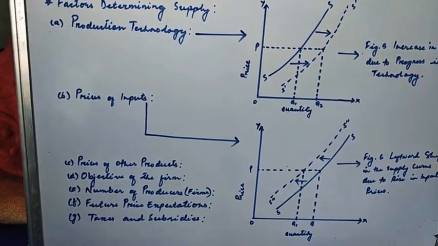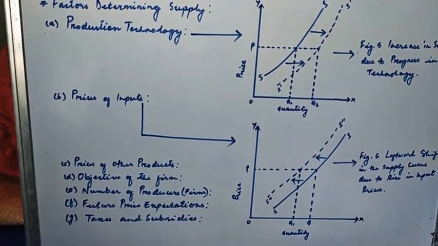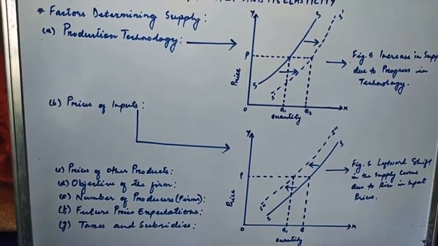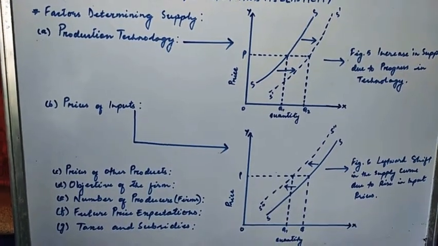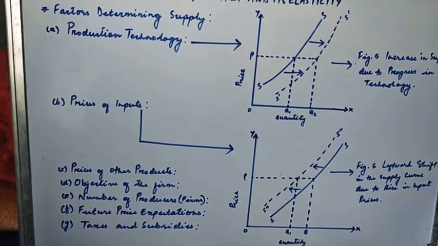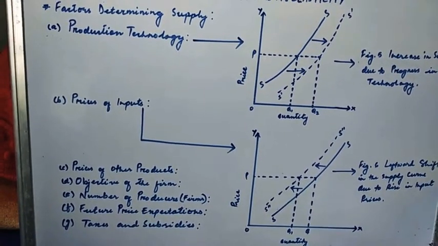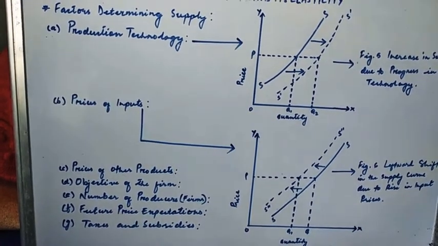And a supply schedule or supply curve also shows that supply of a product is a function of its price. So supply is the function of price. However, supply depends not only on price, as we have seen. It does not depend only on the price of a product, but also on several other factors.